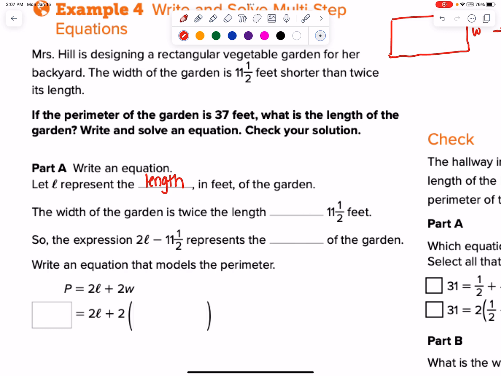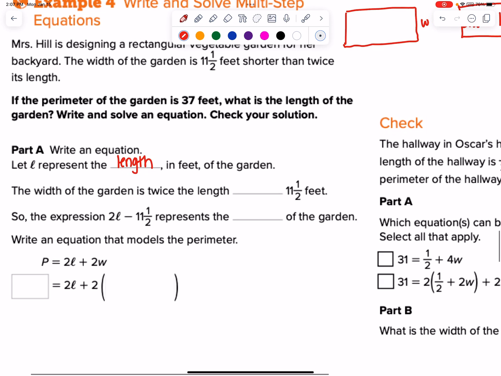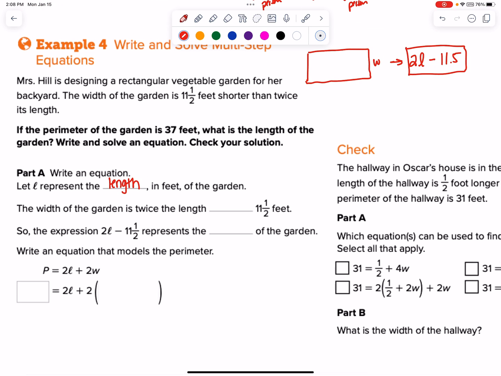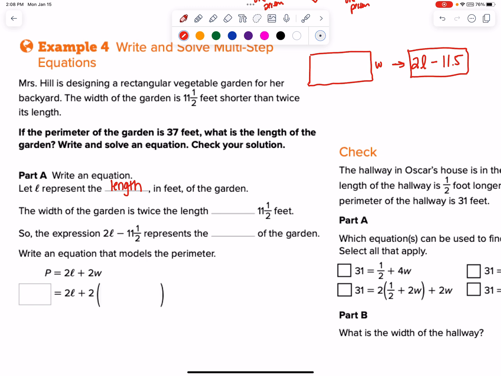The width of the garden is twice the length minus 11.5 feet, because we already said that. It's 11.5 feet shorter, so that's this part. So the expression 2L minus 11.5 represents the width of the garden. And we sort of figured all that out with our drawing.